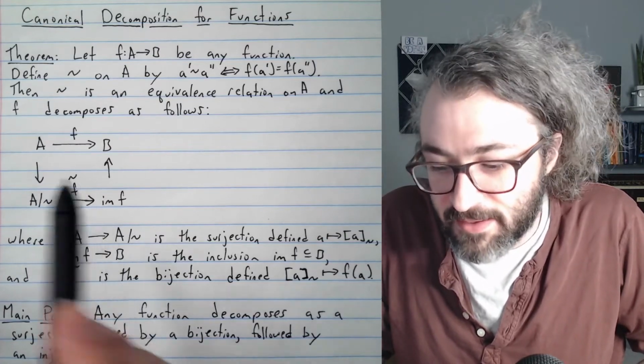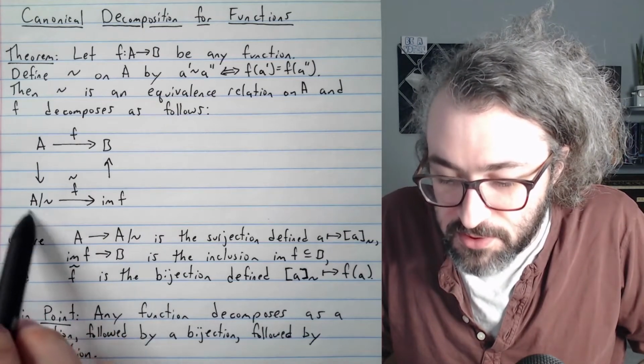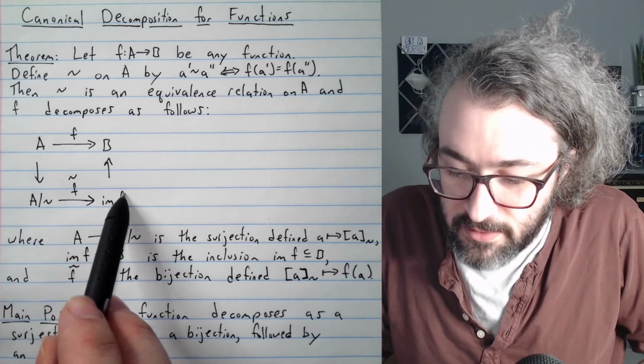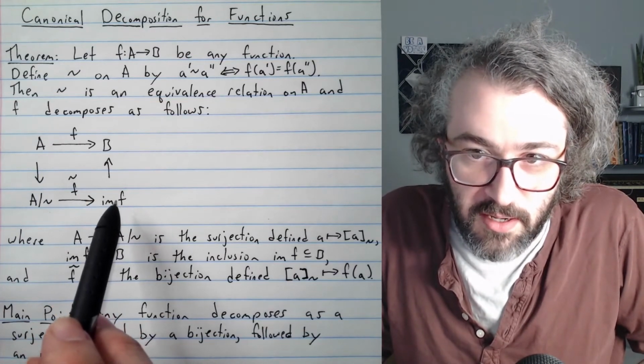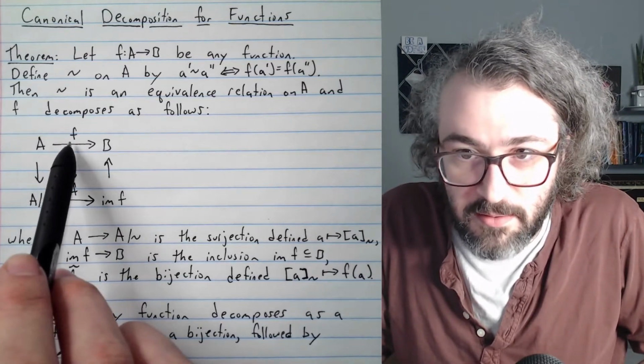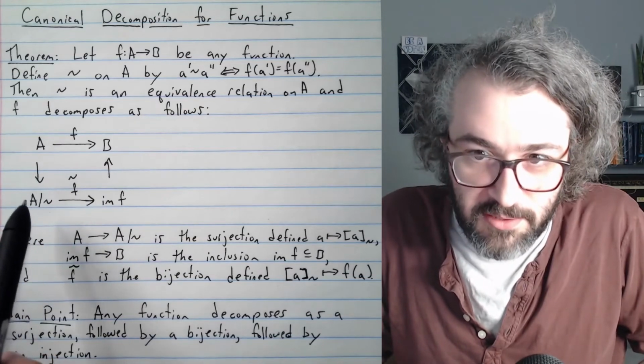So part of that is that the quotient has a group structure. There's an operation there. And the image also has a group structure. And the bijection that you already know is there because it's a function is also a group isomorphism.